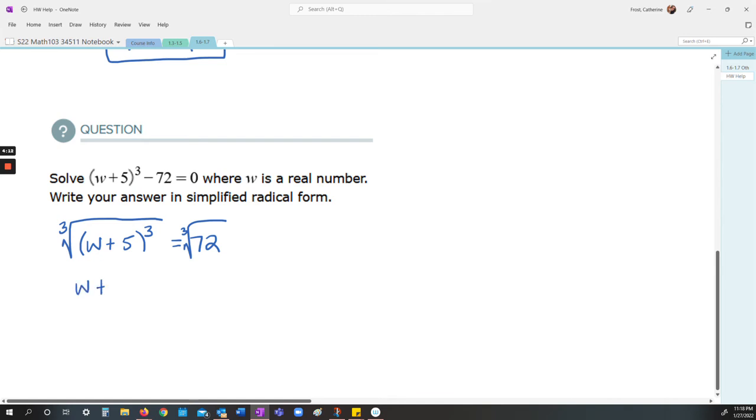So we just get w plus 5 equals cube root of 72. We're going to subtract the 5, and then look at the 72 to see if there's any way we could simplify the cube root of 72. So we've got w is equal to negative 5 plus cube root of 72.